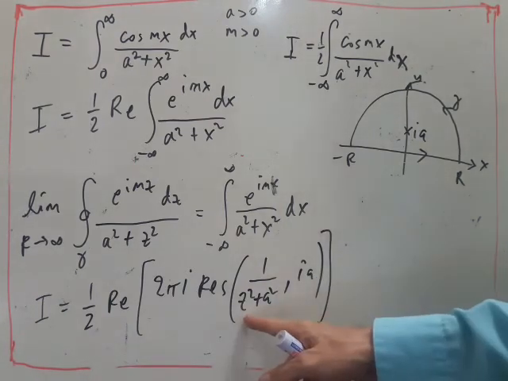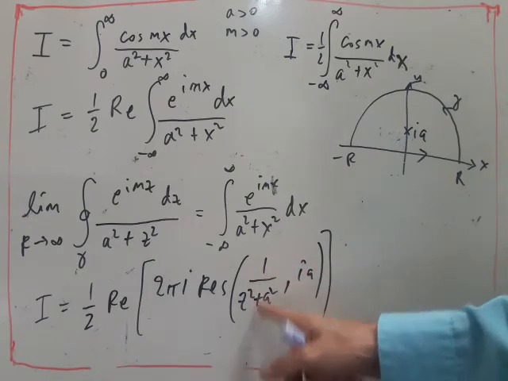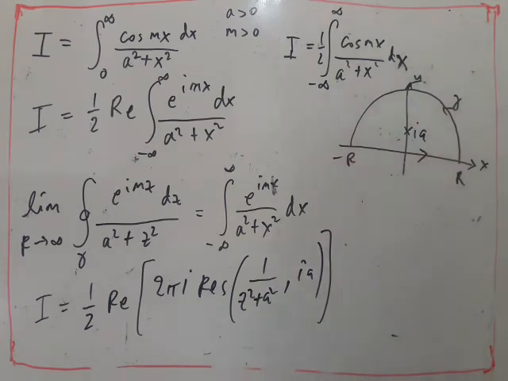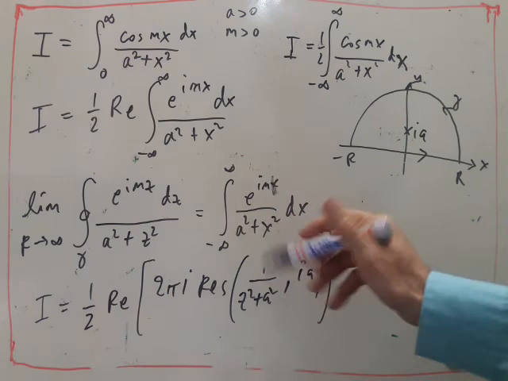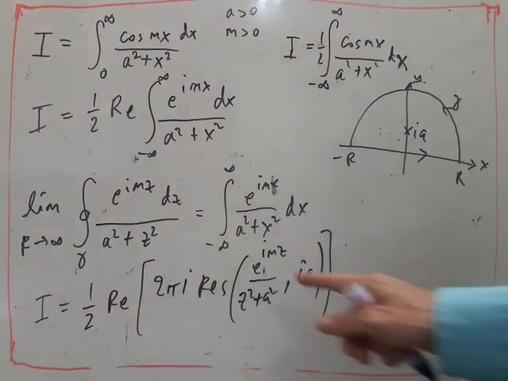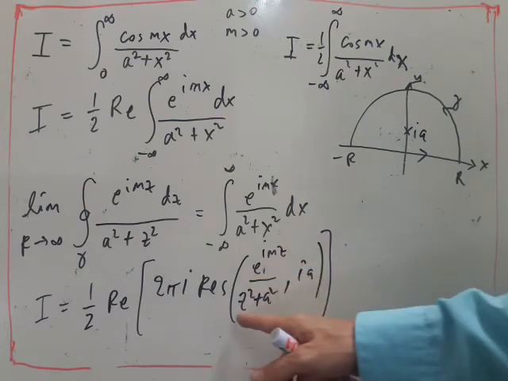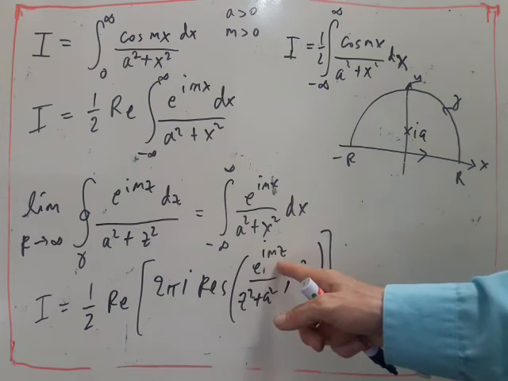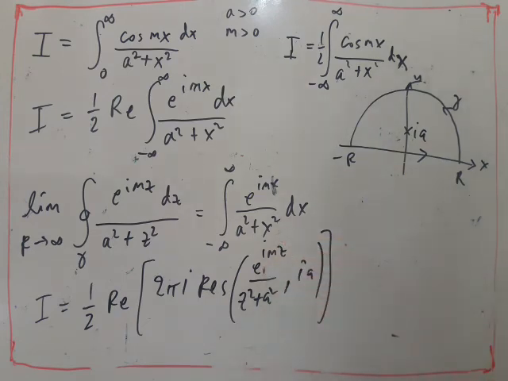So this is giving us the p over q dash. That's going to give us 1 over 2z or 1 over 2ia. Oh, sorry, I forgot, we also have this on top, so it's e to the imz. So p is e to the imz, and q is z squared plus a squared. So our residue is going to be, substituting in, e to the minus ma.